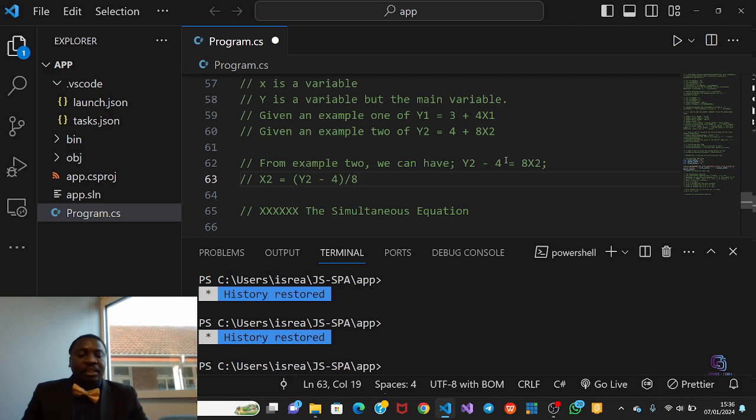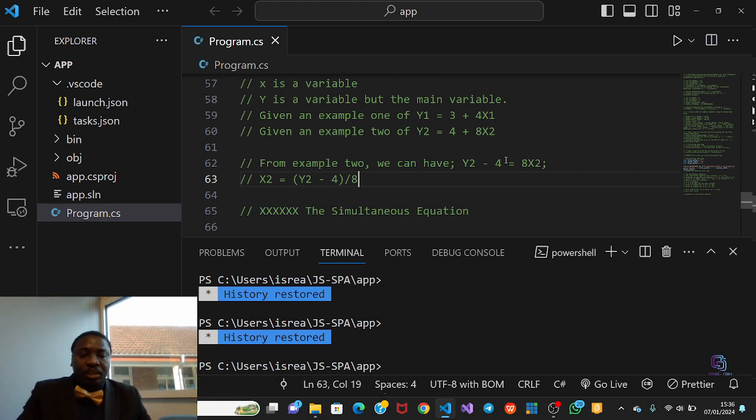Once divided by 8, definitely we have another formula. x2 is equal to y2 minus 4 divided by 8. Since this is taken into consideration, we can now fix x2 into example 1.